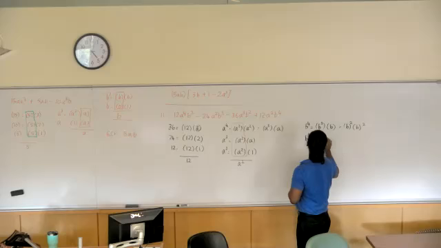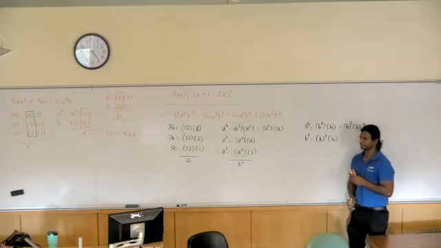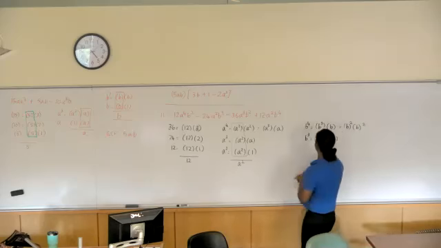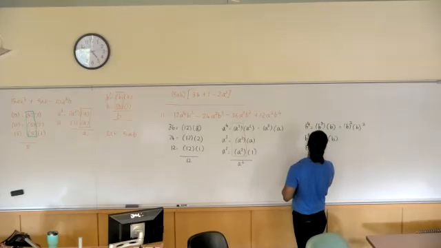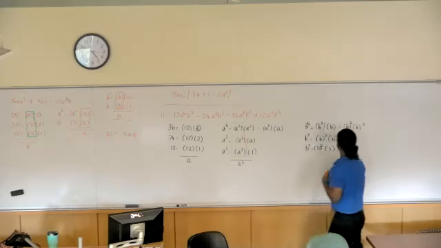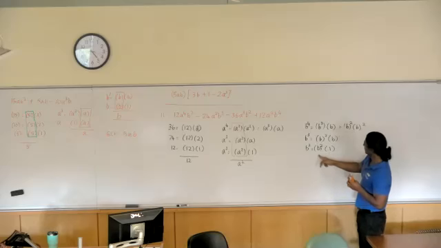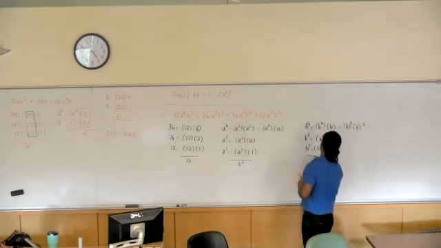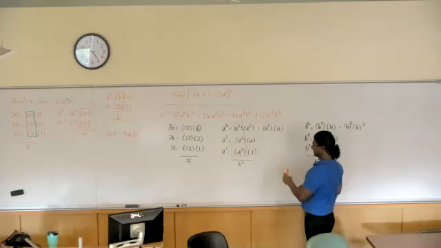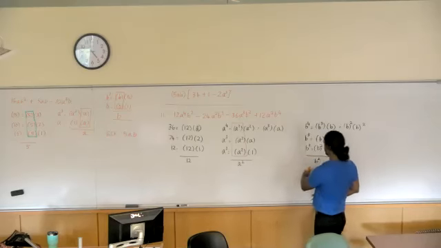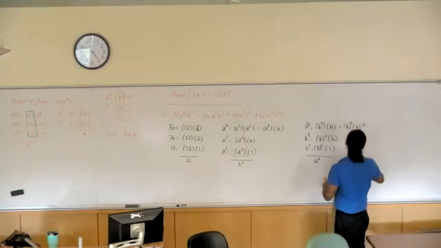I can write b cubed as b squared times b. And lastly, I have b squared. I can write b squared as b squared times 1. So what is the common factor? The common factor is b squared. If you put them all together, you will get the greatest common factor to be 12 times a squared times b squared.